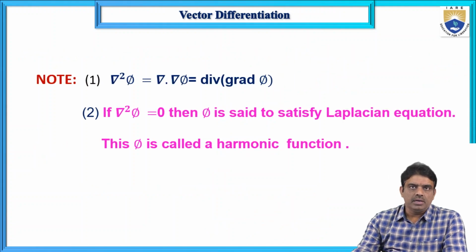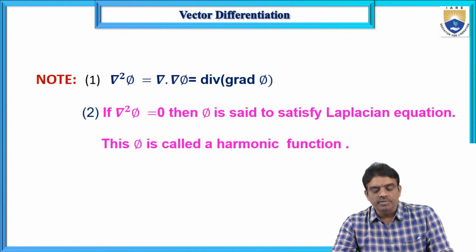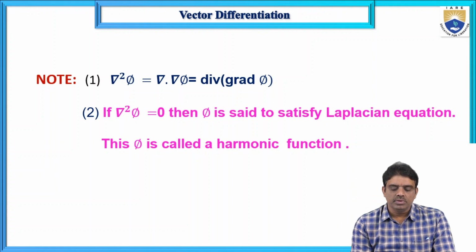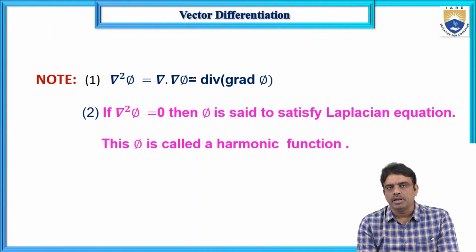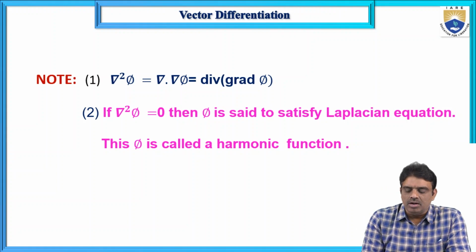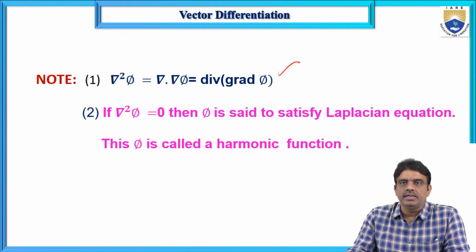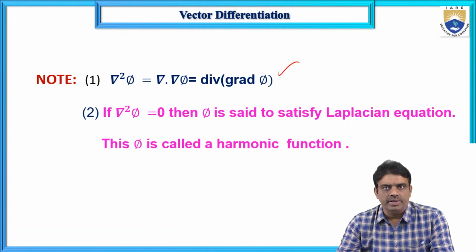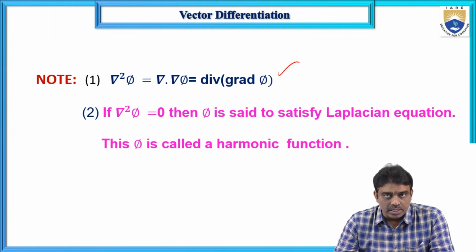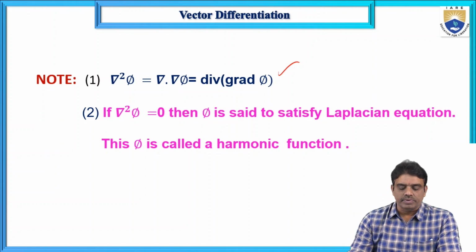Some observations from del square: if del square phi is written as del dot grad phi, then it is the divergence of grad phi, just as del dot a bar means div a bar. To calculate the divergence of grad phi, it is sufficient to calculate del square phi, where del square is dou square by dou x square plus dou square by dou y square plus dou square by dou z square.